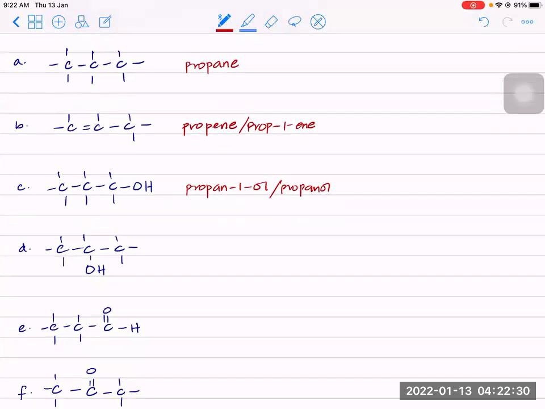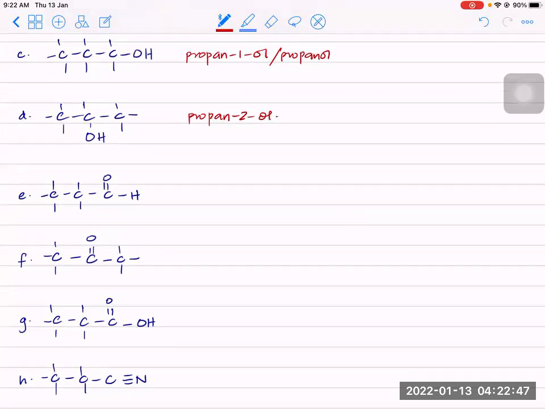Like for example, in D, you have 3 carbons here, and on carbon number 2, you have the alcohol. So this will be what? Propan-2-ol.